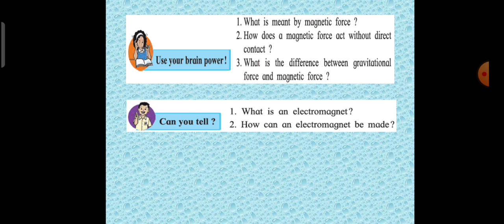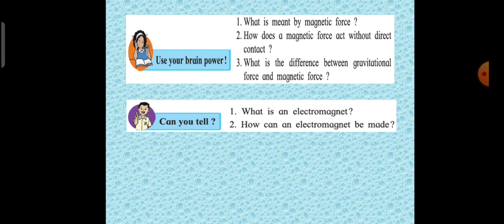Can you tell what is an electromagnet? If you remember last year in the chapter Fun with Magnets, you had studied how to make an electromagnet. You just wind a piece of wire around an iron nail and connect it to a battery, and you find that after some time, when the current is passing, the nail also starts behaving like a magnet.